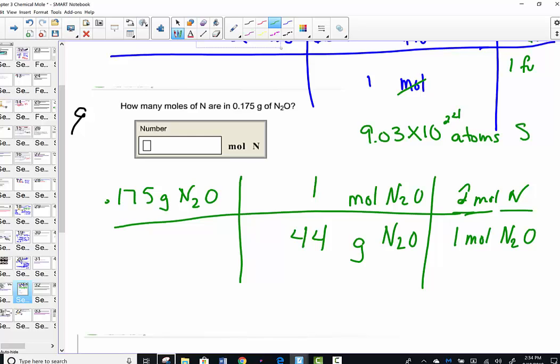I'll divide to head in to make that a mole unit, and then notice that there's twice as many atoms of nitrogen per mole of compound. So when I solve for this, 0.175, I'll divide by the molar mass of 44, and then multiply by 2, the number of nitrogen atoms. And when I solved, kind of tiny, 0.00795, but I'll look up.